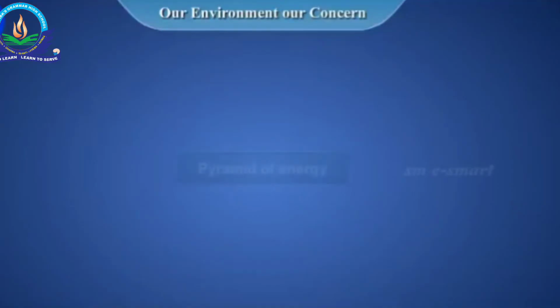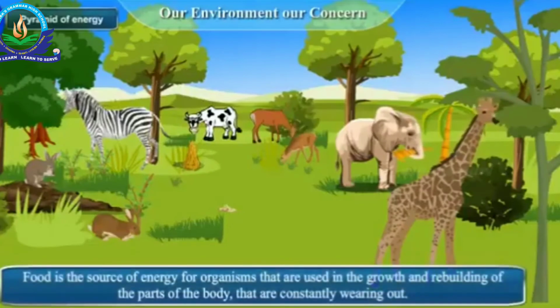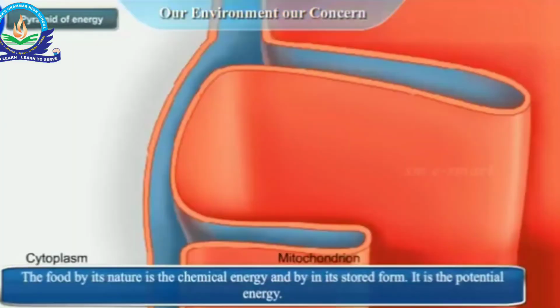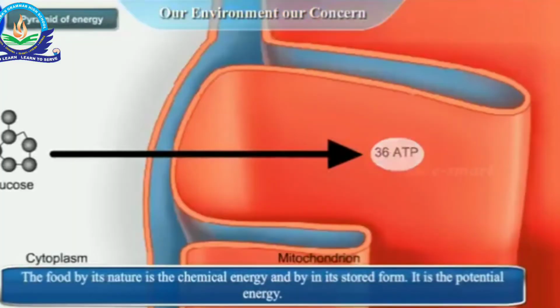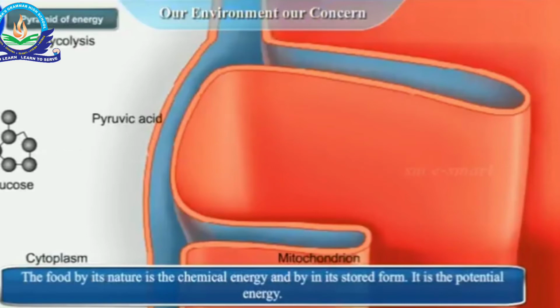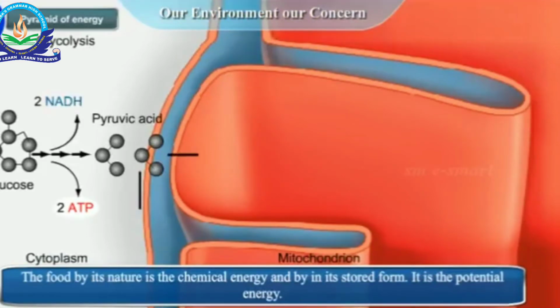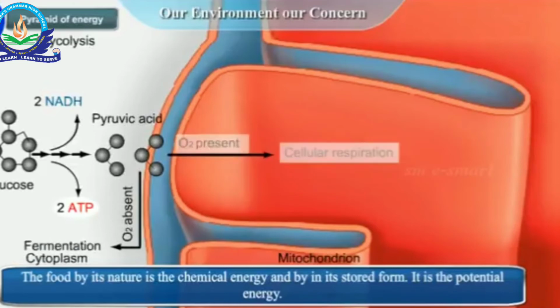Pyramid of energy. Food is the source of energy for organisms that is used in the growth and rebuilding of the parts of the body that are constantly wearing out. The food, by its nature, is chemical energy, and in its stored form, it is potential energy.